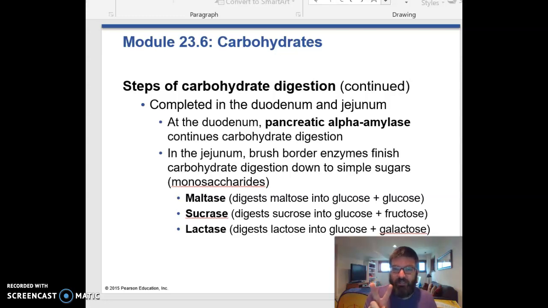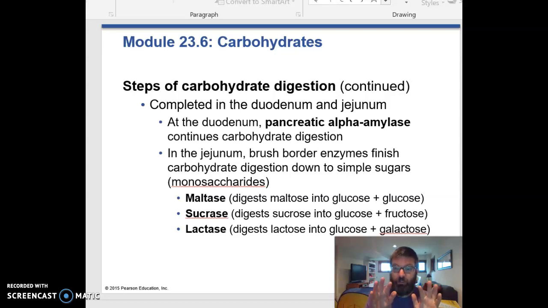We call these disaccharides: maltose, sucrose, lactose, and those get broken down by enzymes that are affixed in the cell membrane of the cells on the side of your intestinal wall that line the microvilli on your jejunum.